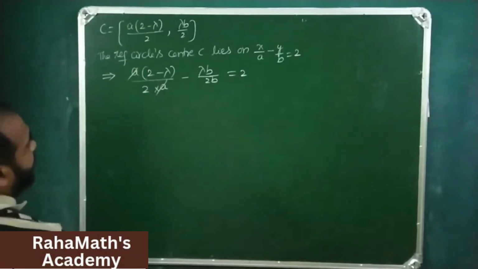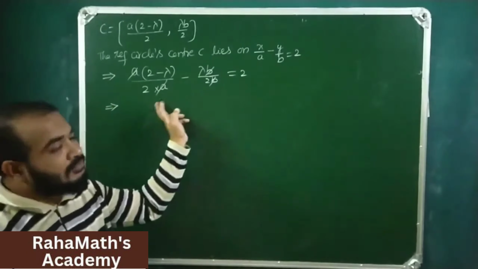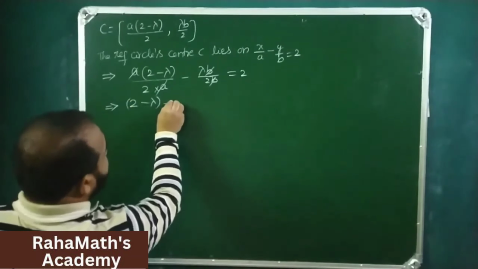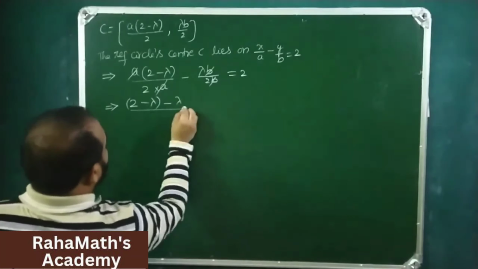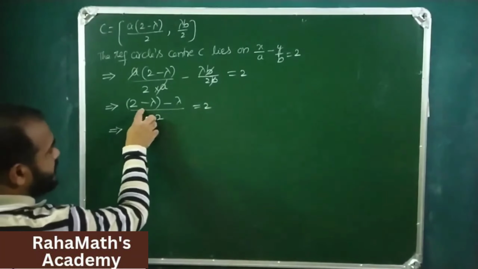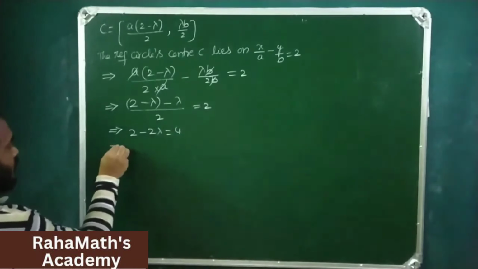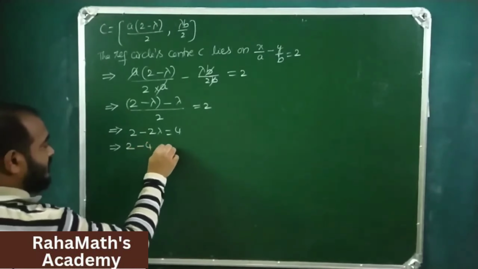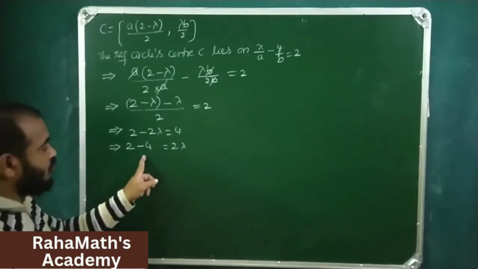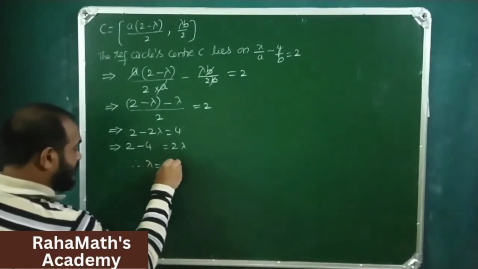Here a gets cancelled, here b gets cancelled. So 2 minus lambda by 2 equals 2. This implies 2 minus lambda, 2 minus 2 lambda equals 4. So 2 minus 4 equals 2 lambda, so minus 2 equals 2 lambda. Therefore lambda equals minus 1.